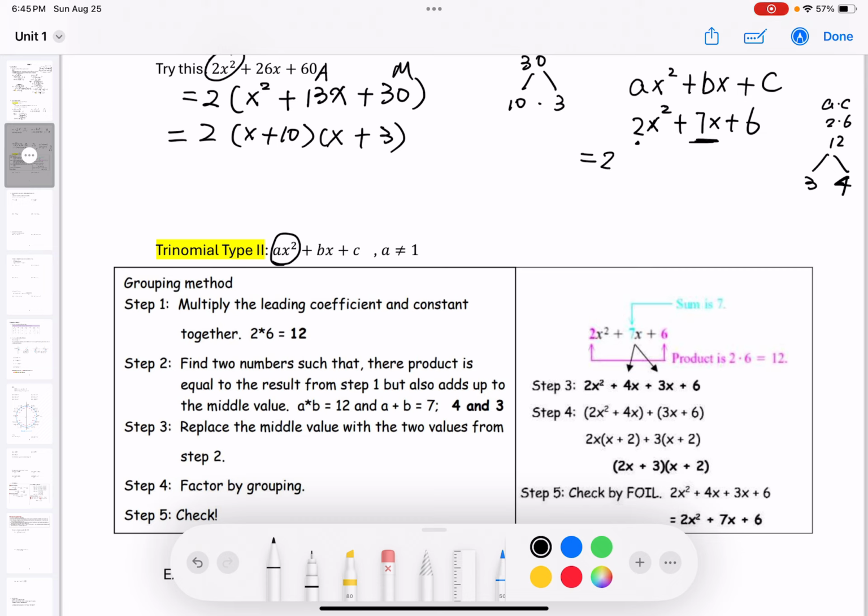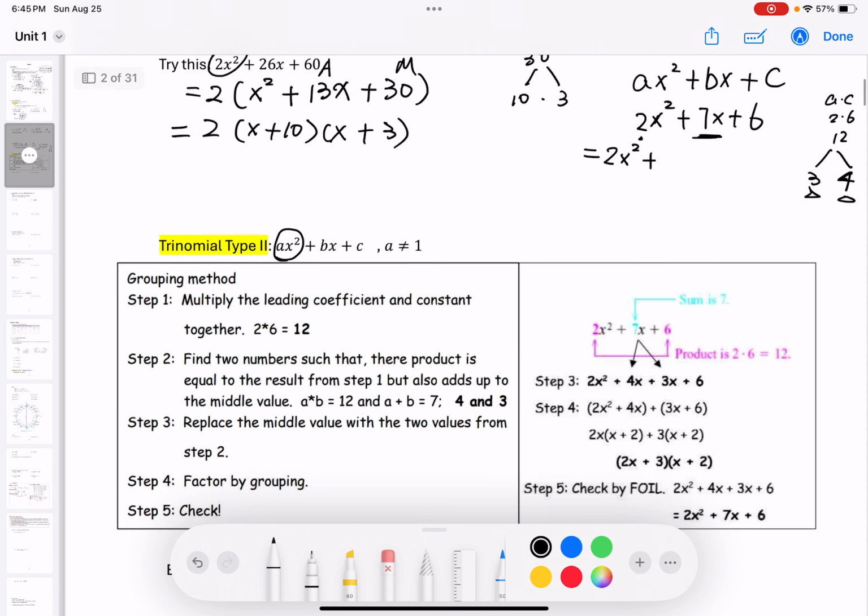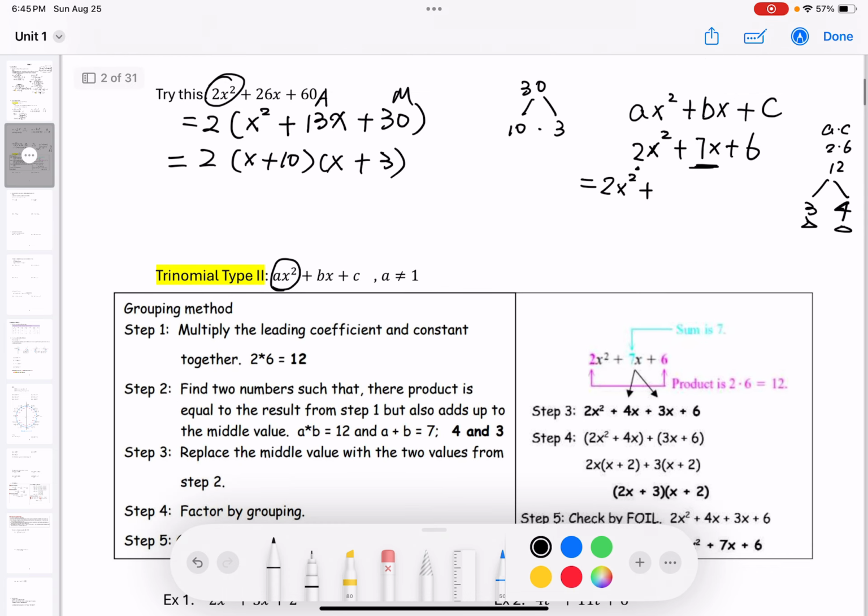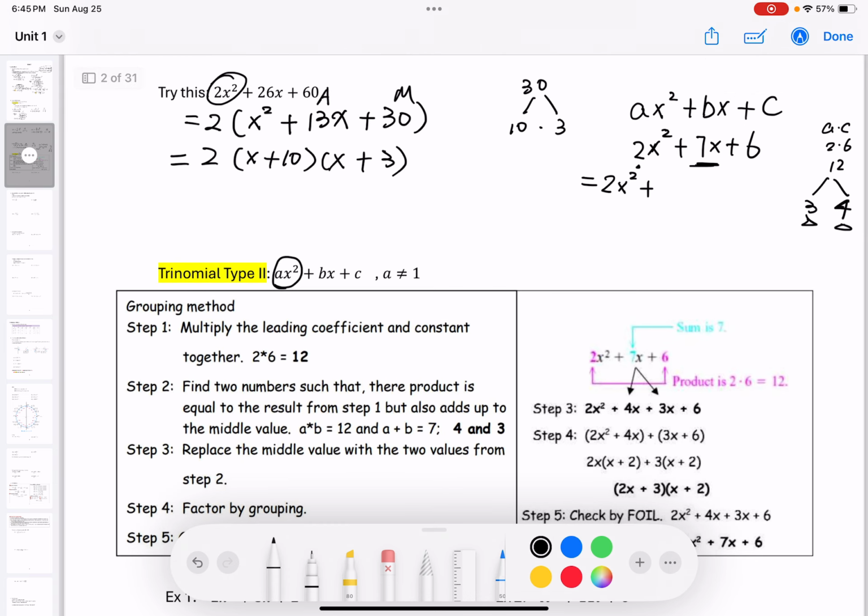Second step of my AC method is to break down the middle term. So keep the first and last term. 2x squared plus 7x equals 3x plus 4x. It doesn't matter if you change the order, 4x plus 3x. Then we can do group factoring. First two, last two. First two terms, we can factor out the x.